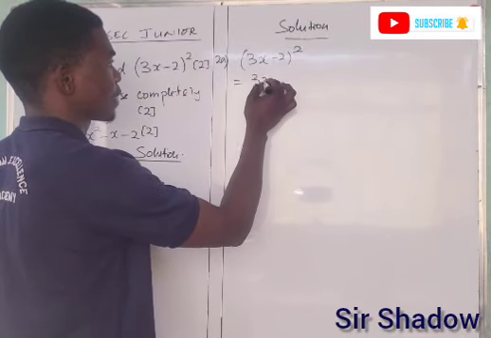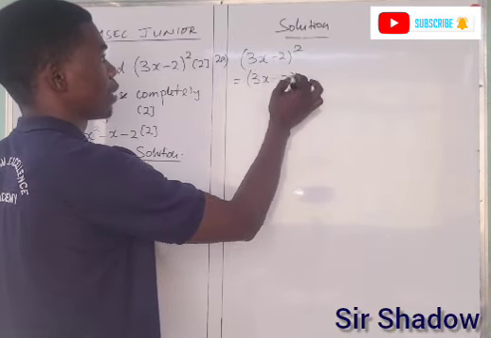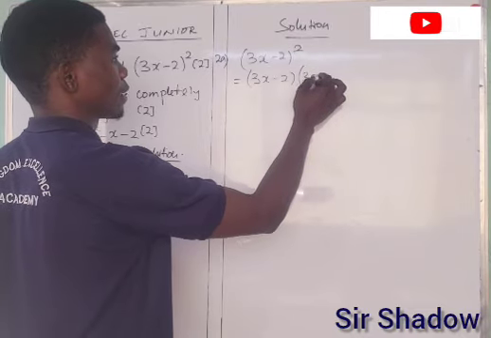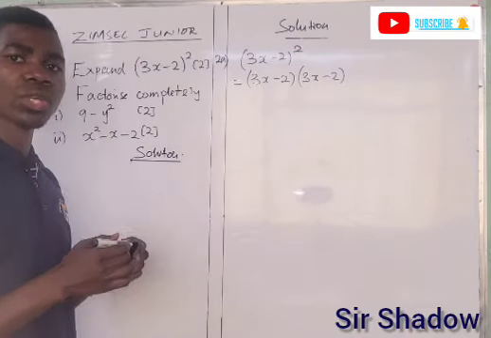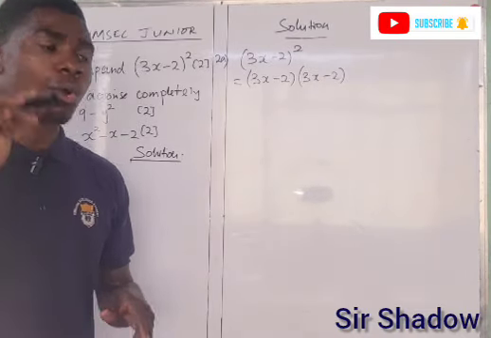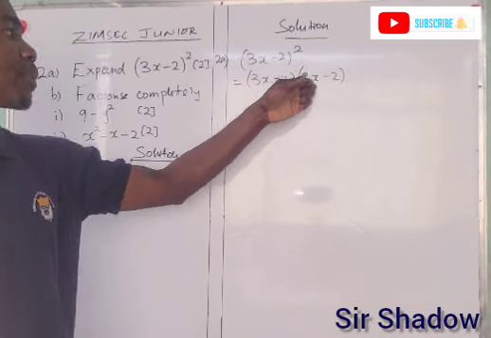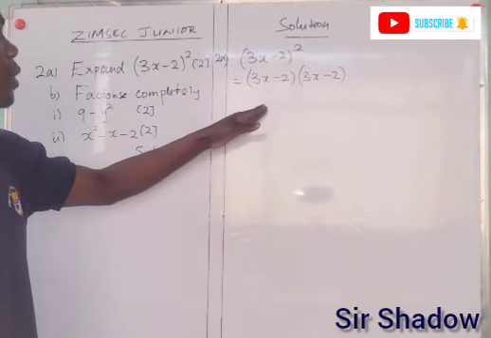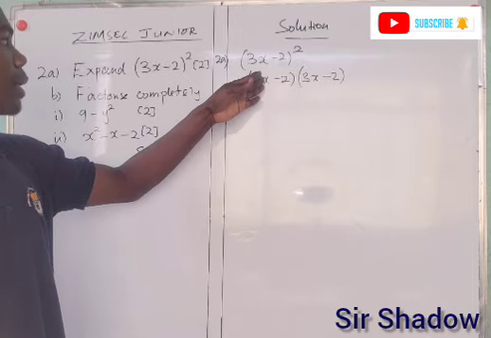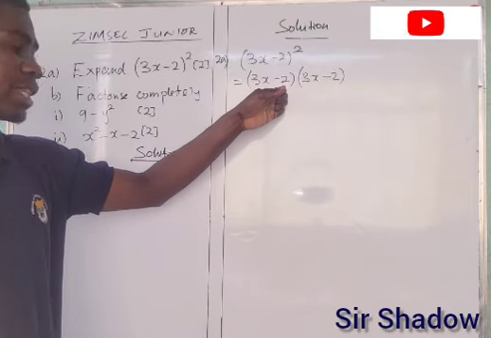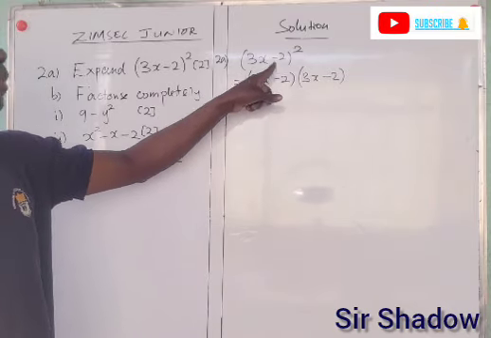So we are saying (3x minus 2)(3x minus 2). Since it was repeated twice, we have to break it down like this so that we can expand it further. We just repeat 3x minus 2 twice.